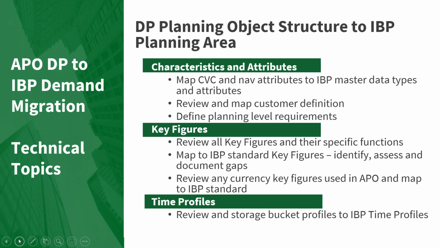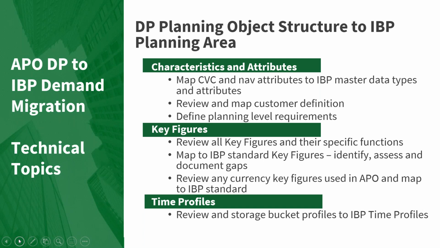So one of the big things, the overall infrastructure, is the planning object structure. Those of you that are familiar with demand planning have a planning object structure, whereas within IBP you have a demand planning area. What do I mean by that? Demand planning, DP, has its architecture for the planning object structure. The planning area within IBP is very similar.